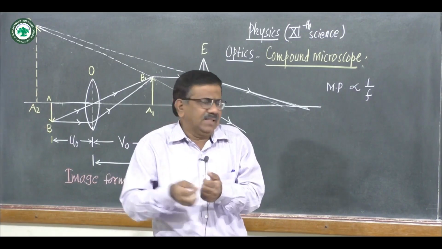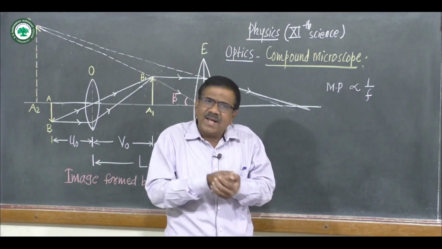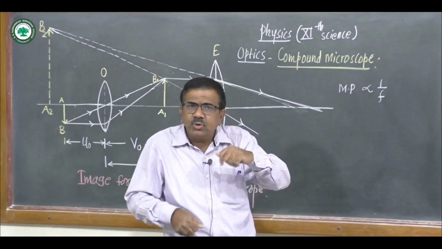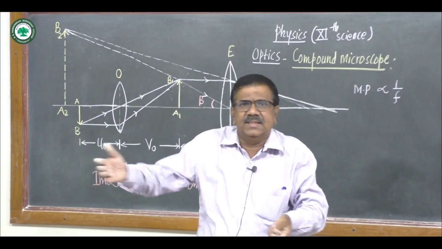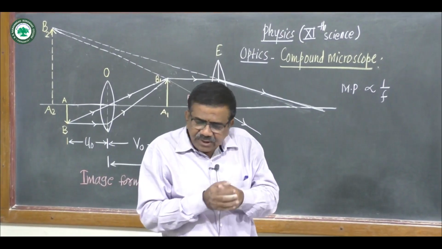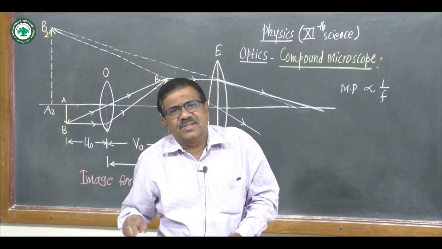So there is aberration, that is the defect in the image formed by the lens if the lens is very thick. And to get large magnification without causing defect in the image, the compound microscope is used.